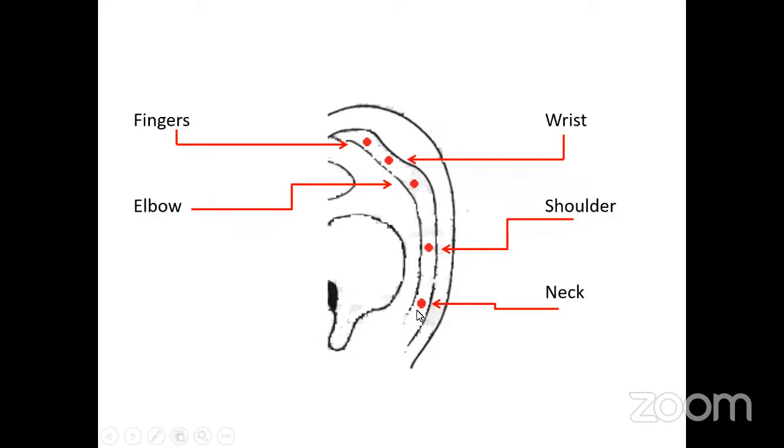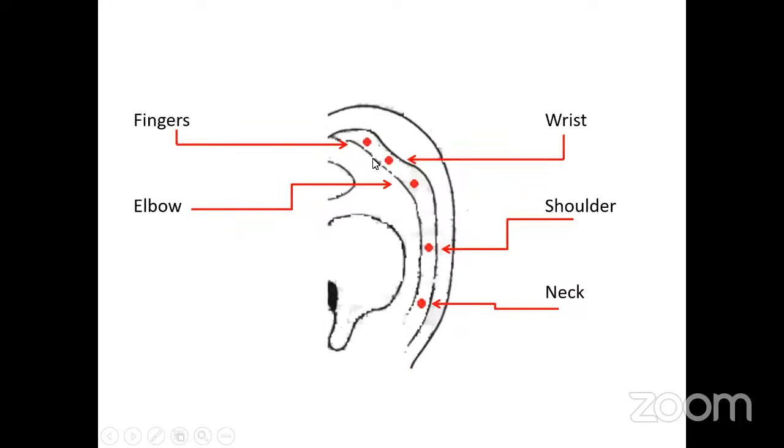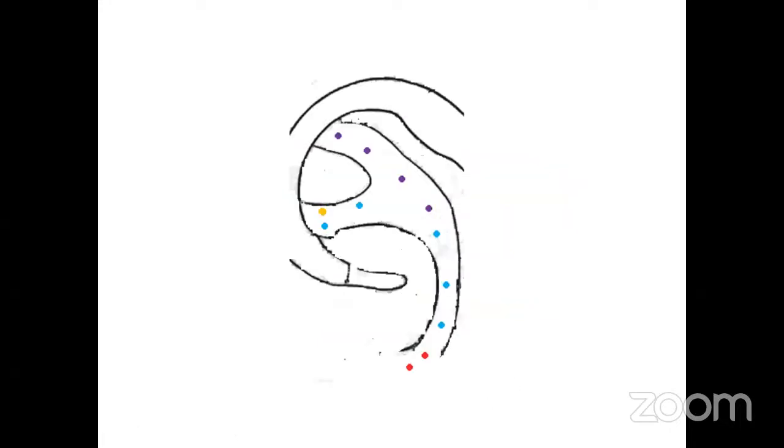And the corresponding areas on the scapha represents the fingers, the toes, representing corresponding to the toes, wrist corresponding to the ankle, elbow corresponding to the knee, and then lumbosacral spine के साथ नीचे, उसके नीचे सर्वाइकल thoracic spine के साथ शोल्डर, और उसके नीचे सर्वाइकल स्पाइन के साथ नेक. और नेक के नीचे आई टोल्ड यू यहाँ पे आ जाता है ब्रेन स्टेम, एंड ब्रेन स्टेम के नीचे the brain point, which is on the inner surface of the margin. Okay.